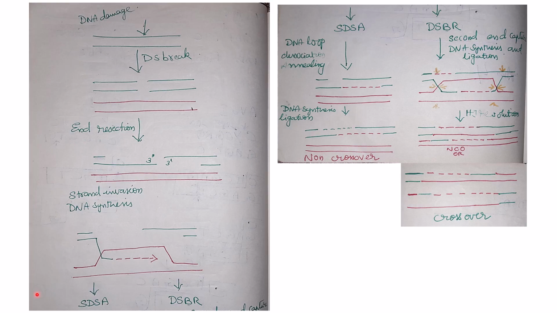The double-stranded break repair mechanism usually involves a homologous recombination pathway as well as the non-homologous end joining pathway.